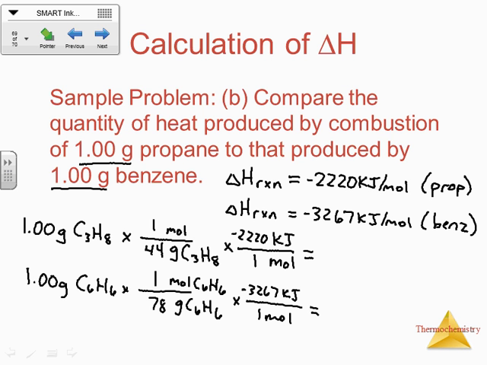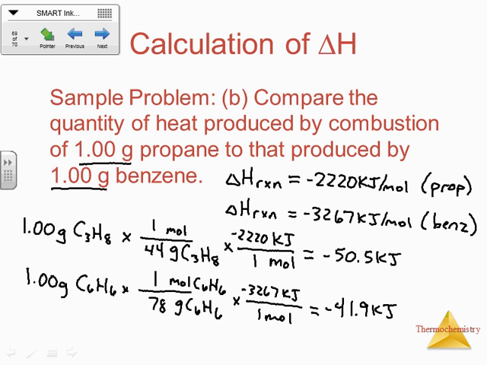So then when we work all this out, negative 50.5 kilojoules being made here, or being given off, I guess I should say, because it's an exothermic reaction, and negative 41.9 kilojoules here.